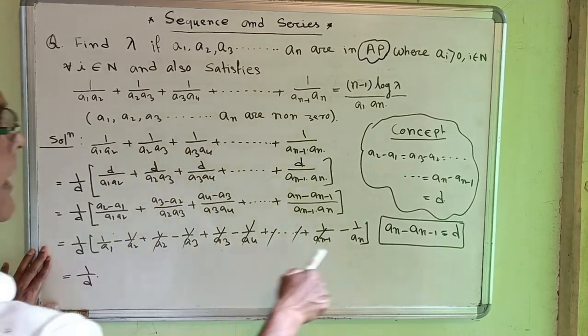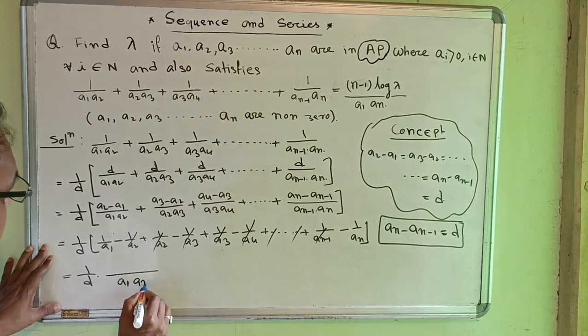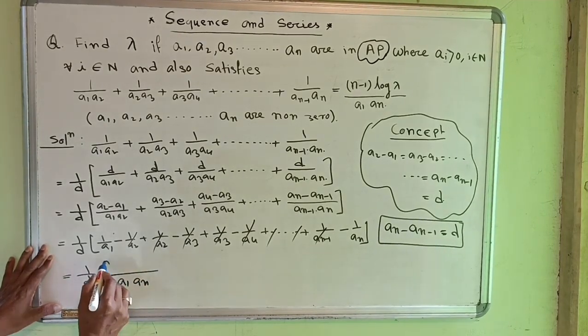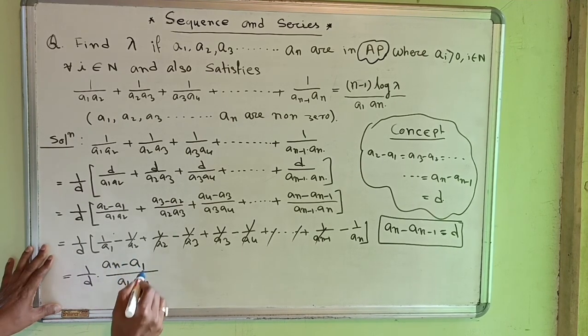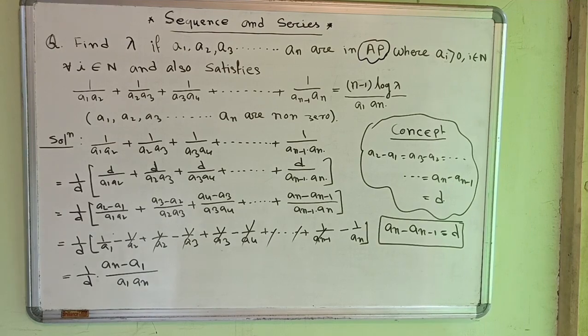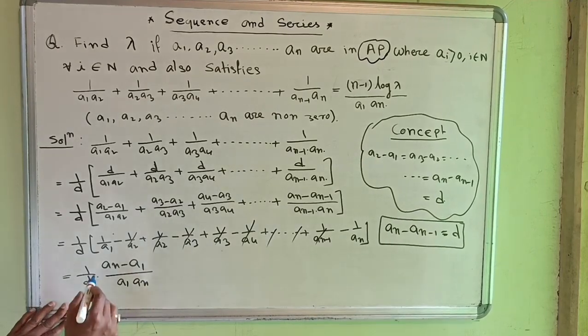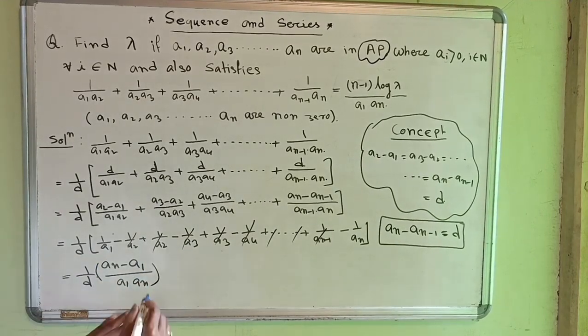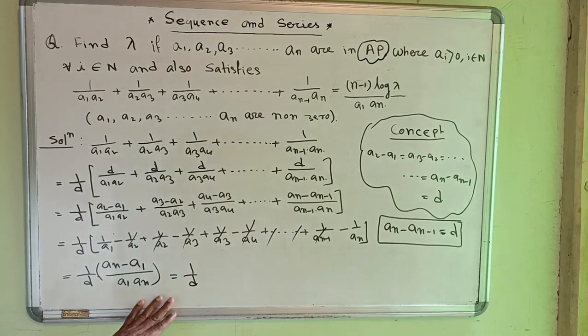If we take the LCM, we get an minus a1 over a1 an. This equals 1 by d.